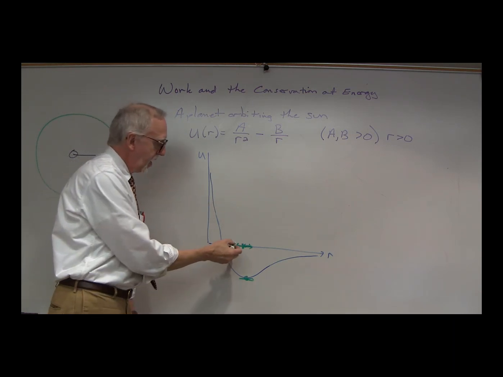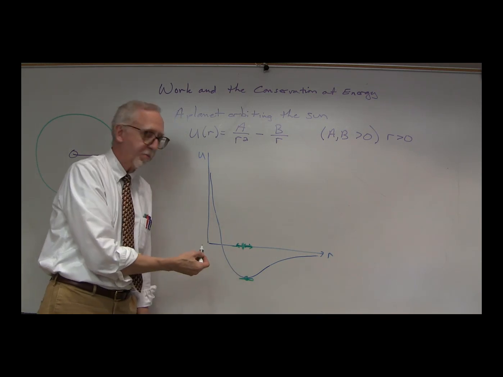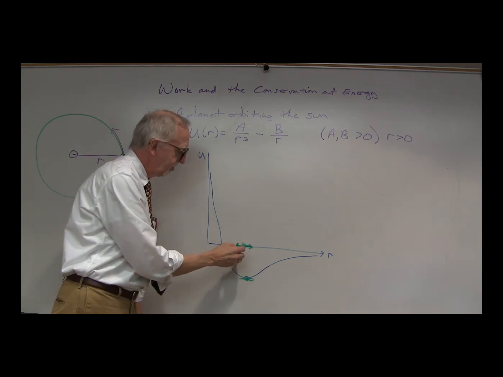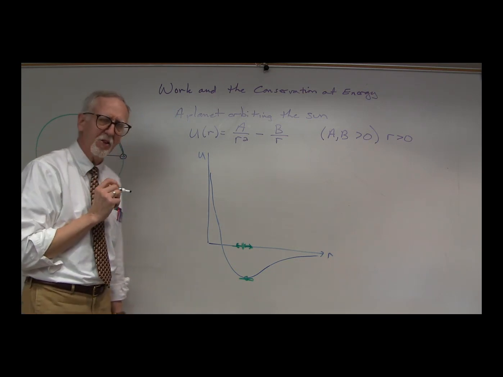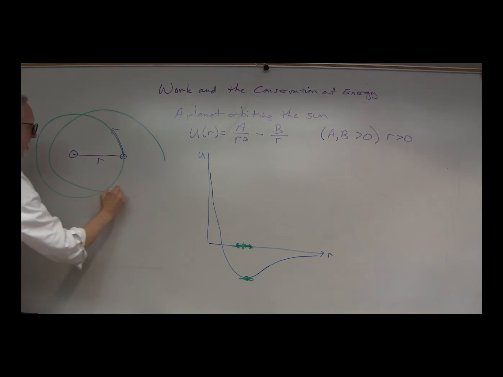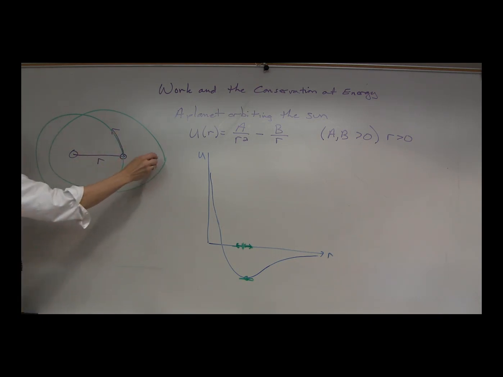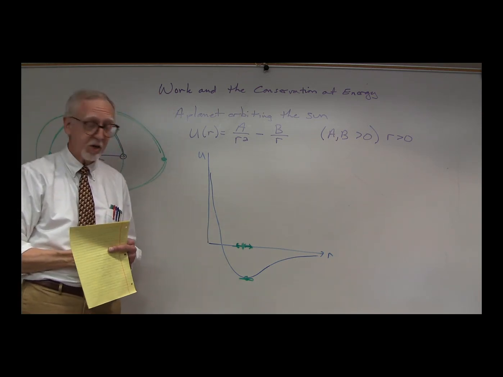It might not be symmetric about this equilibrium point, but it's going to vary its radius, larger radii, smaller radii. Well, what kind of orbit does that look like? That is an elliptical orbit, where at some points the object will be at a greater distance from the sun, and then it'll get in closer, and then farther away, and it's going to be in an elliptical orbit rather than a circular orbit.